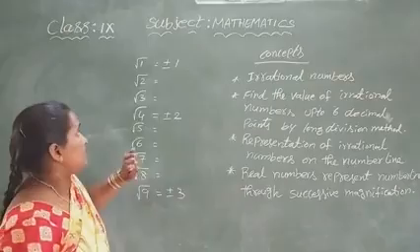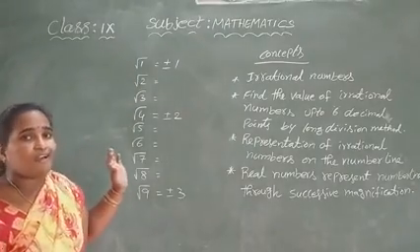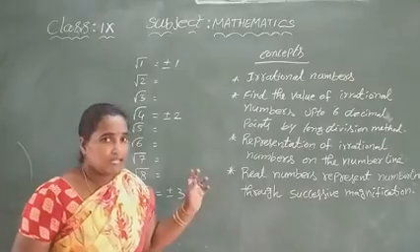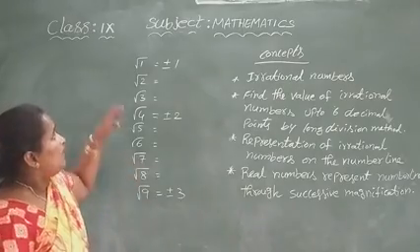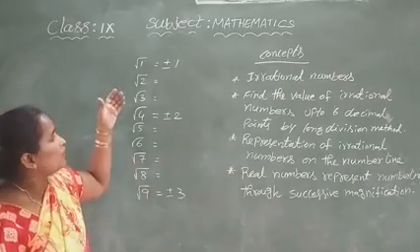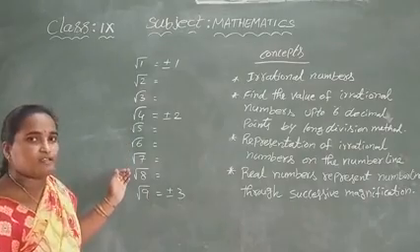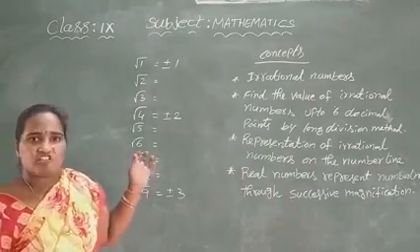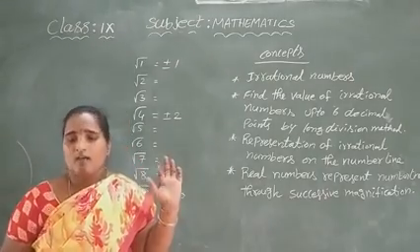So in these numbers, root 1, root 4, root 9 are rational numbers. They can be expressed in the form of p by q. Next, root 2, root 3, root 5, root 6, root 7, root 8 are irrational numbers.